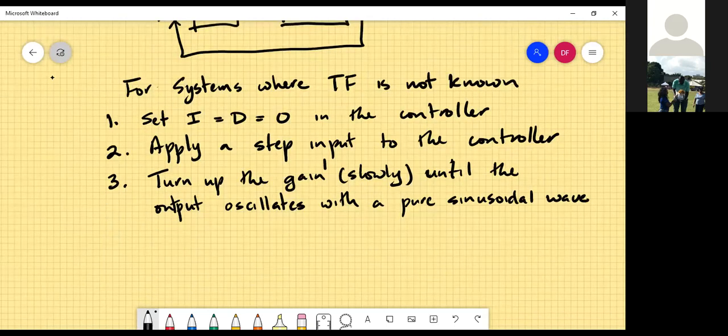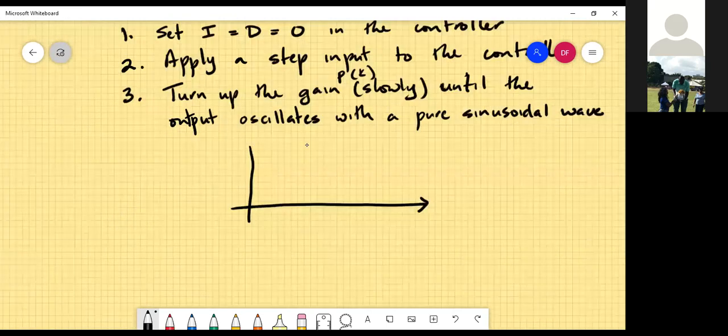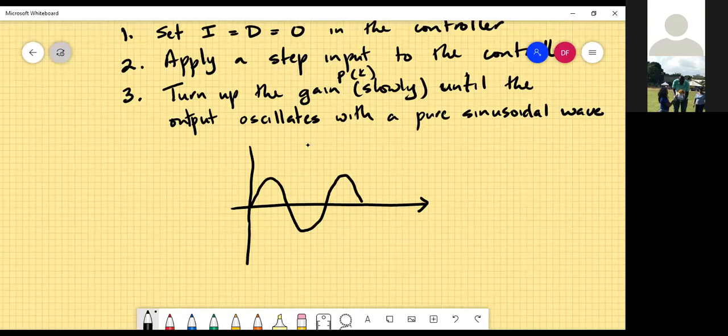The gain is the P, which is the K that we have up there. So you're going to turn up the gain until the output is a pure sinusoidal wave. Now the system is oscillating. The book calls it P, so I'm going to call it P as well.